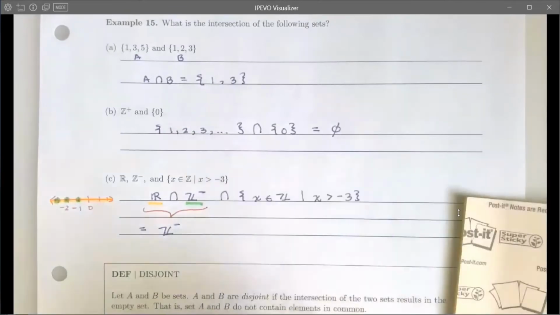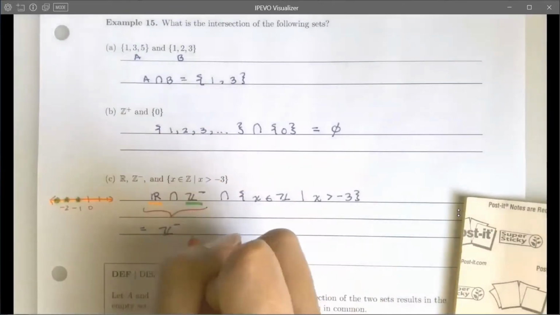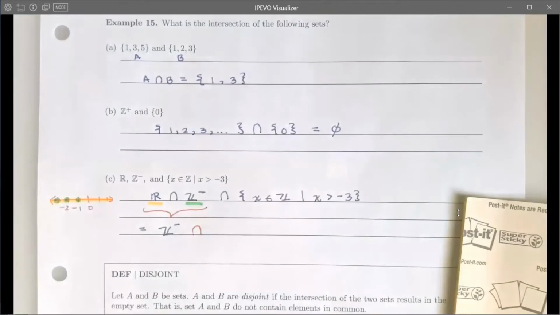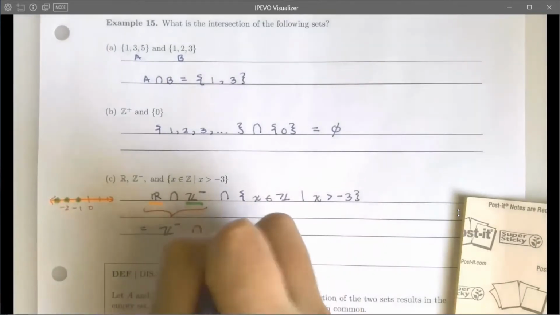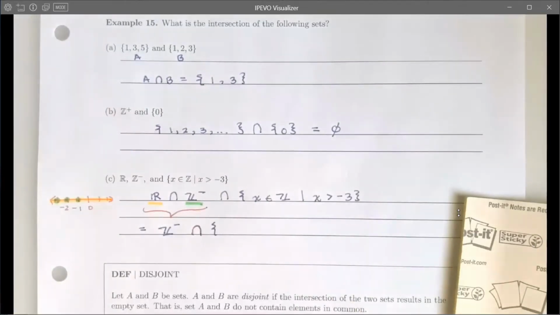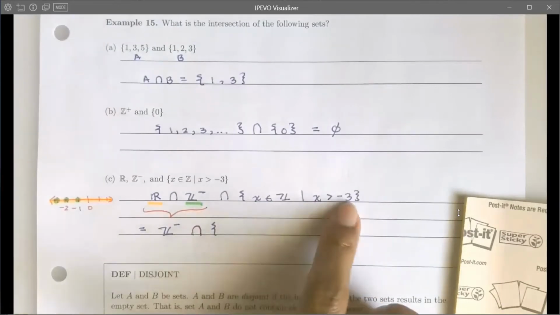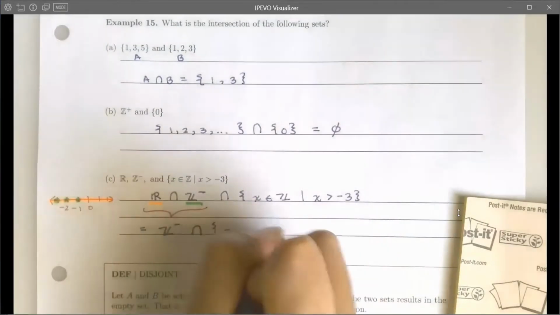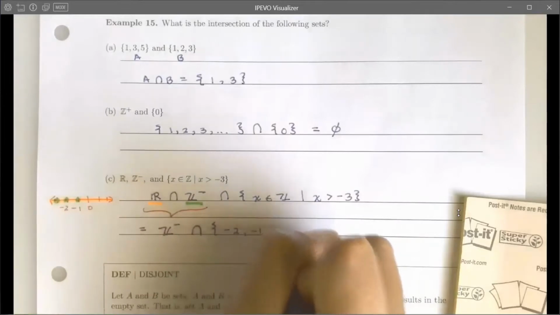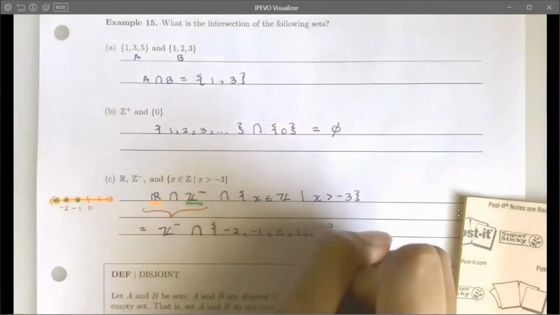All right, so now I'll bring over this third set. So I'll switch my pen there. And we said these are all the integers that are greater than -3. So that would be -2, -1, 0, 1, so on and so forth.